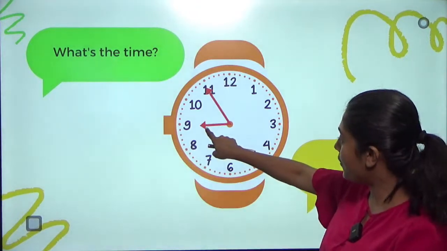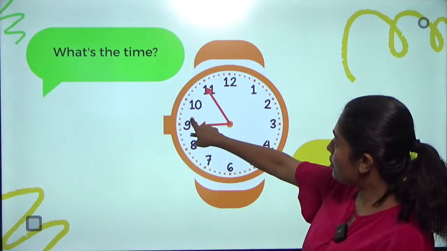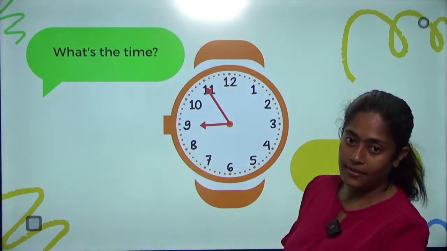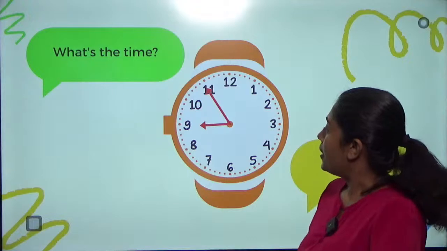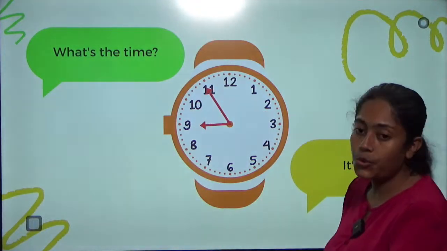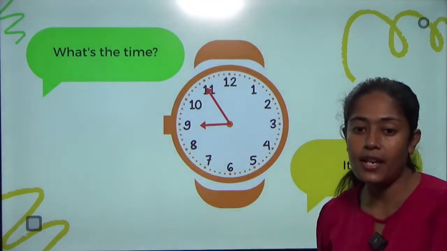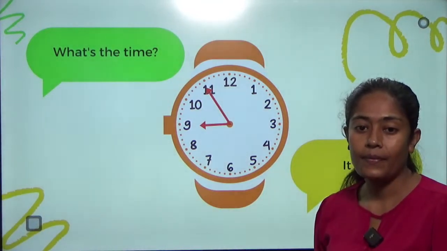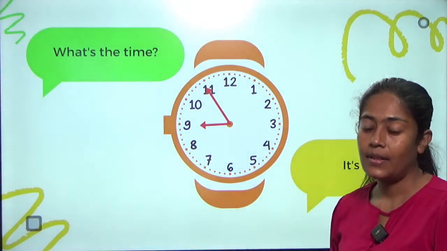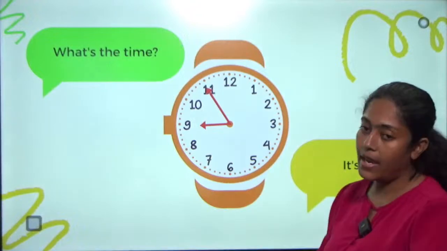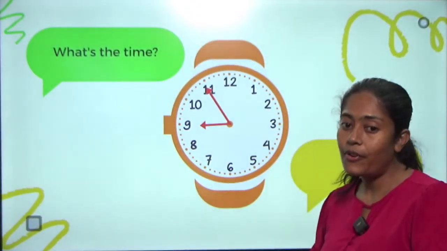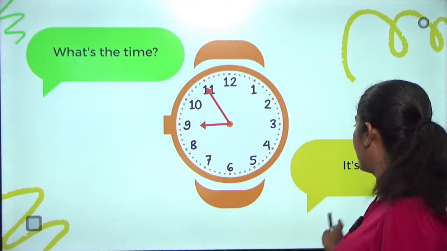If it is 9:55, this should go in between 9 and 10. Now this is 8 and 9, right? 8:55. Think now this hour hand moves to 12. What happened? The time is 9, no? Is that okay? Yes. Right. Then we can say 8:55 or the time is 5 to 9.